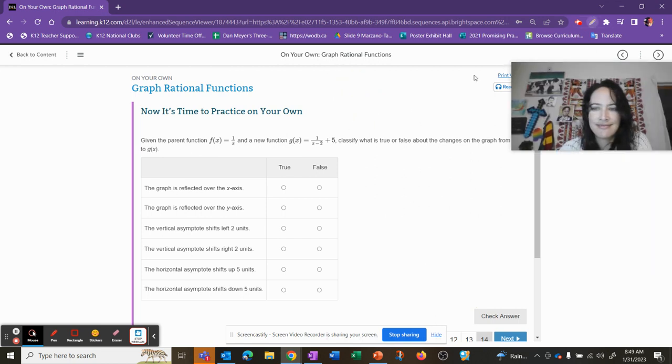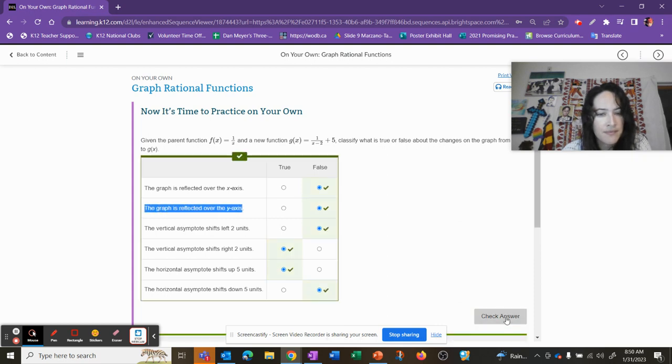Let's click. No, that's false. The vertical asymptote, yes, +2. Oh, +2, right. So no, yes, it shifts right 2 units because we need to go to the right. Get your directions right, me too. Shifts up, false. Okay, this is the only one I am not sure about. The graph is reflected over the y-axis. Let's see. Oh, okay.